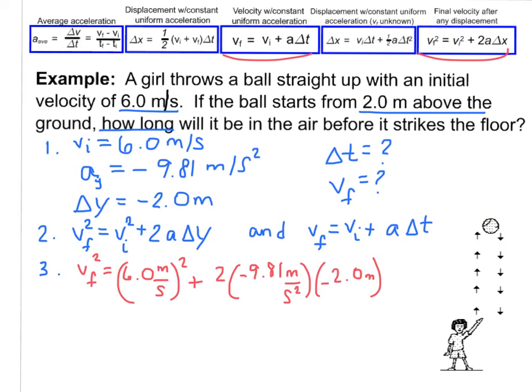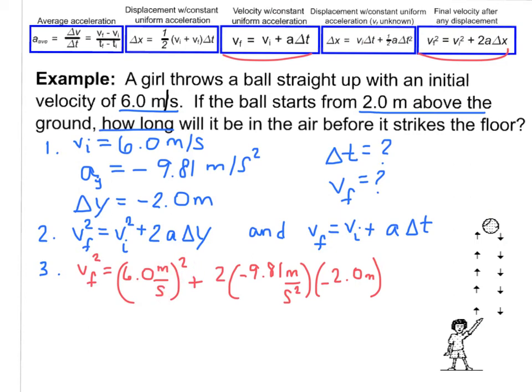I know that my initial velocity here was 6.0 meters per second, and my change in position was negative 2.0 meters. You can see that the units right here are going to be meters squared over seconds squared, because I'm squaring all of that.